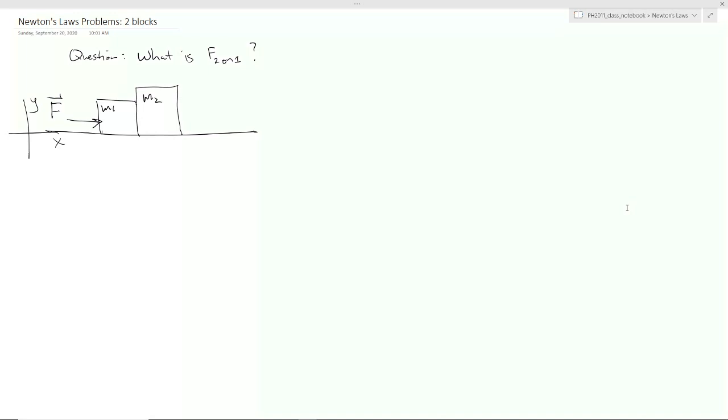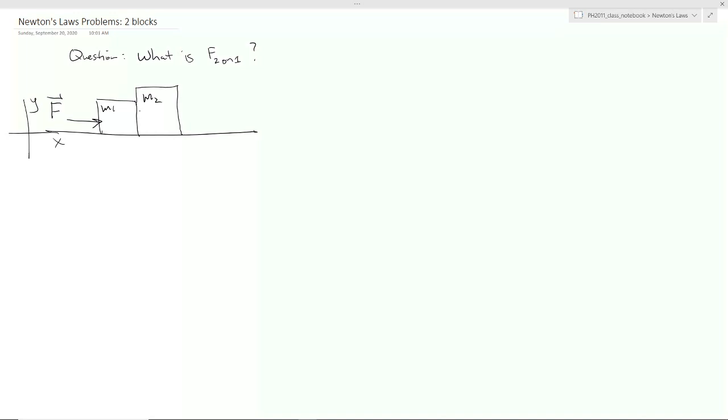You have two blocks in contact. You're pushing on them with a force from the left, so it's pushing to the right along the x-axis. And the two blocks, M1 and M2, so M1 is then pushing against M2. The question we're interested in is: what does the force look like between them?